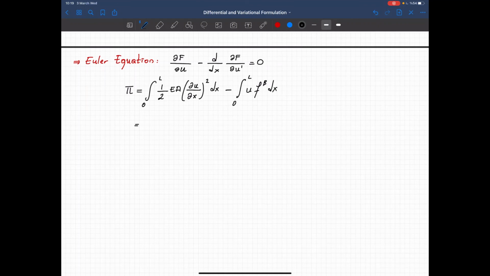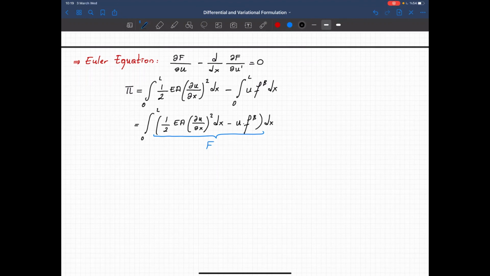Let me write all these terms in a single integral. From 0 to L I have 1/2 EA (∂u/∂x)² dx minus u times FB dx. So we can just consider this as our function F.